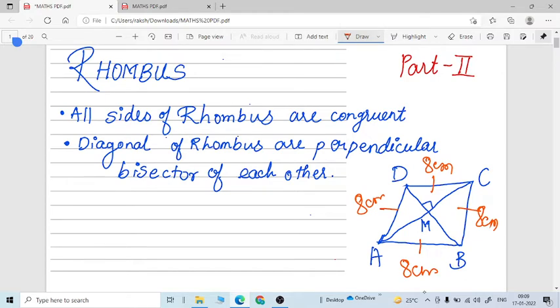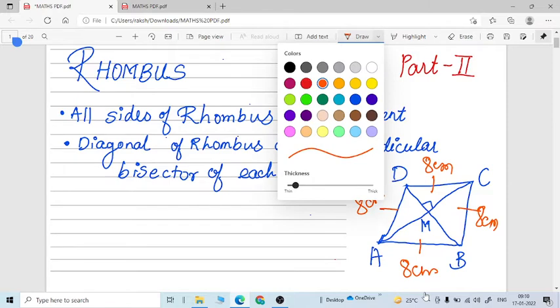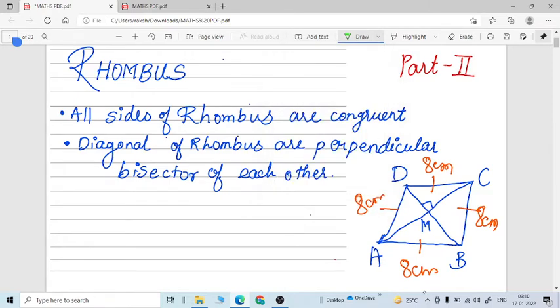Now the second property: the diagonals of a rhombus are perpendicular bisectors of each other. Perpendicular bisector means AM is equal to MB, and similarly AM is equal to MC.